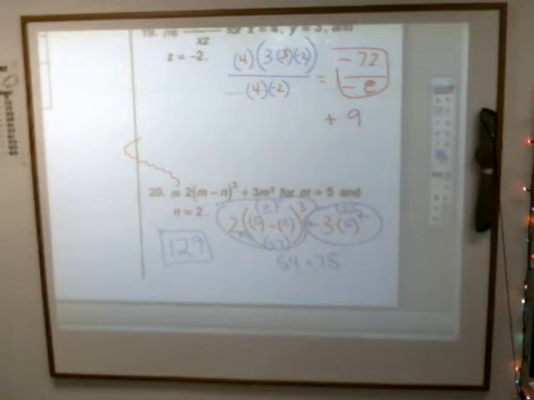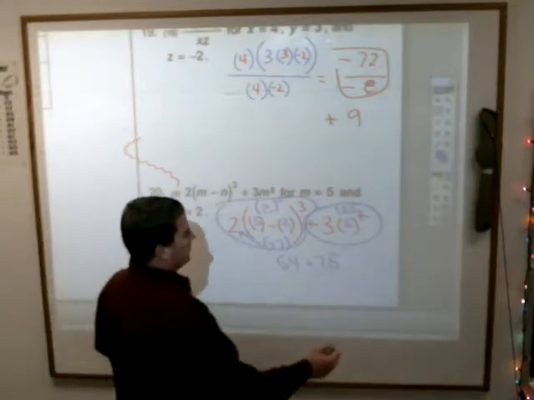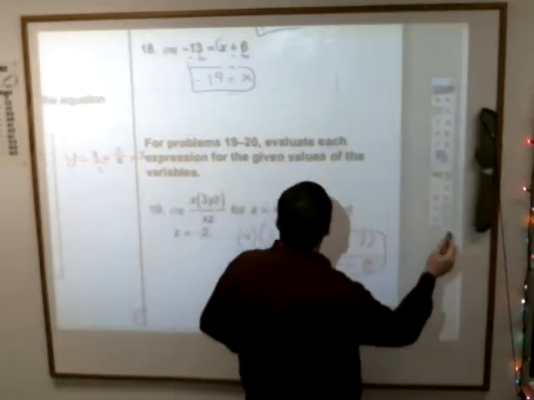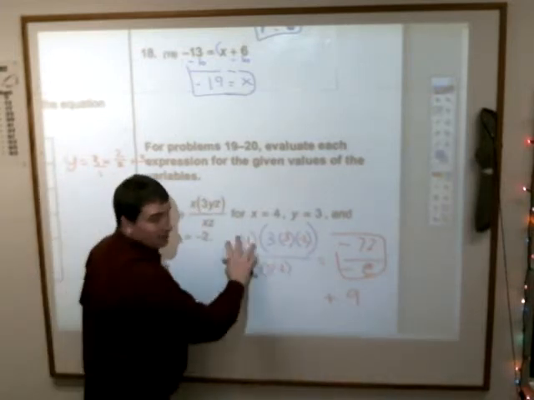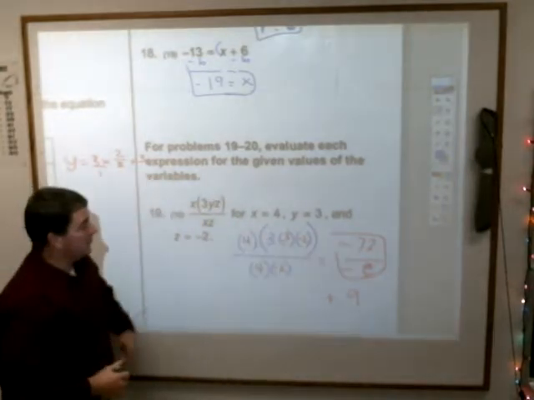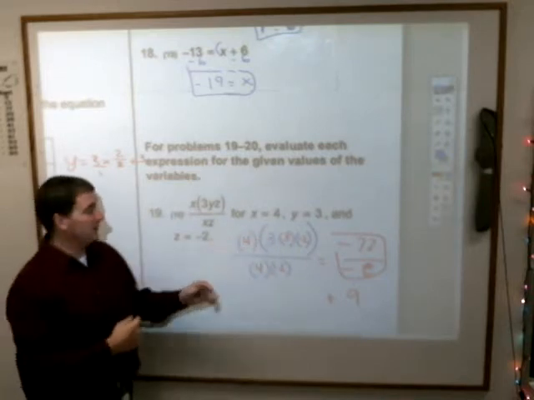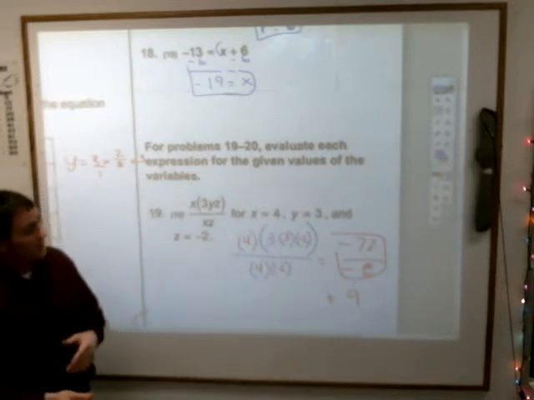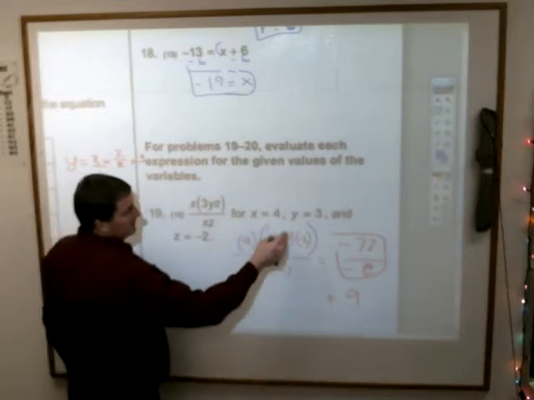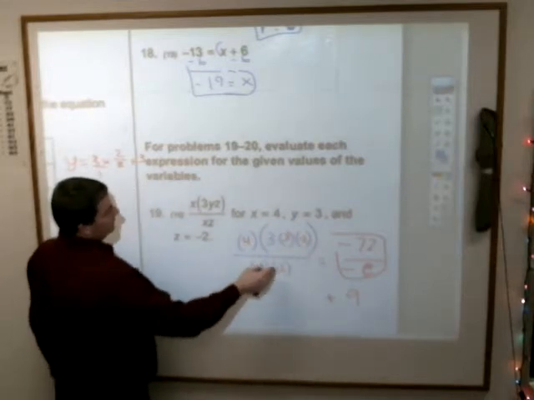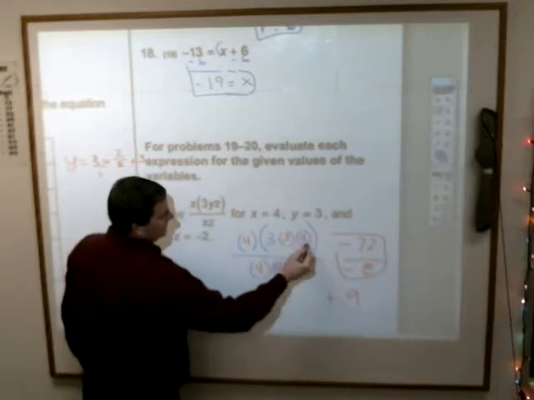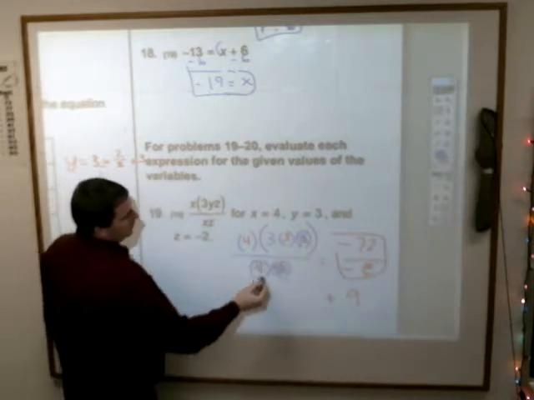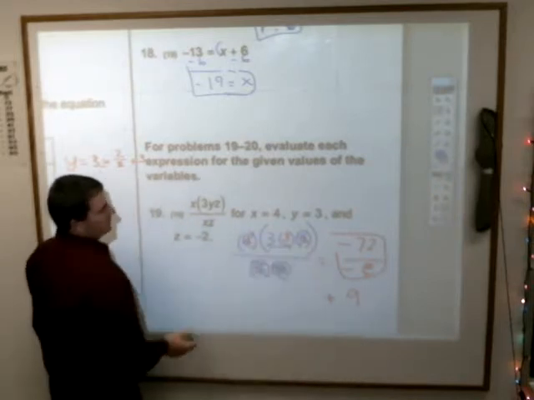The 19, can't you just cross off the boards? Nick threw this at you, and sometimes I just don't think a whole lot, but I don't want to confuse you either. Since this is all multiplication, but it's not always going to be. If you would have saw an addition or subtraction sign up there that wasn't in a parenthesis, you couldn't do this. But since this is 4 times 3 times 3 times negative 2, this is 4 times negative 2, you could have crossed off a negative 2 with a negative 2, crossed off a 4 with a 4, and 3 times 3 is 9.